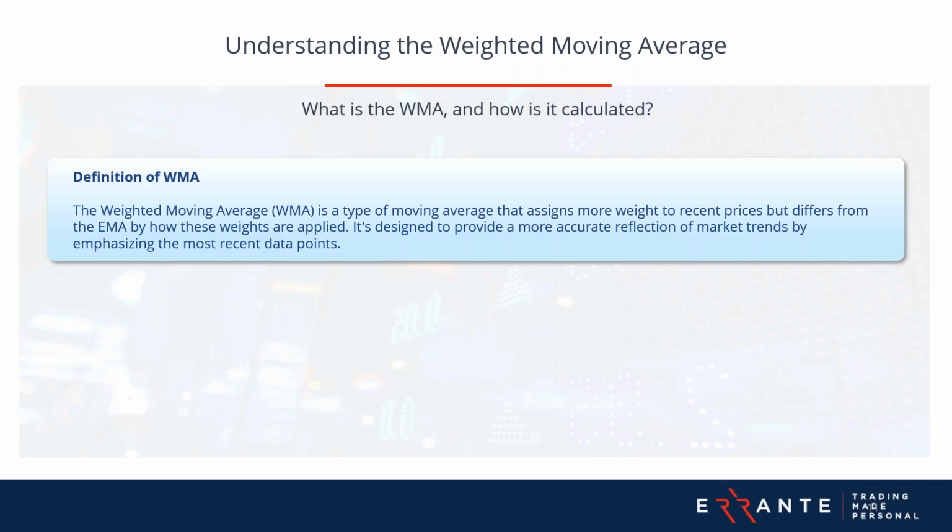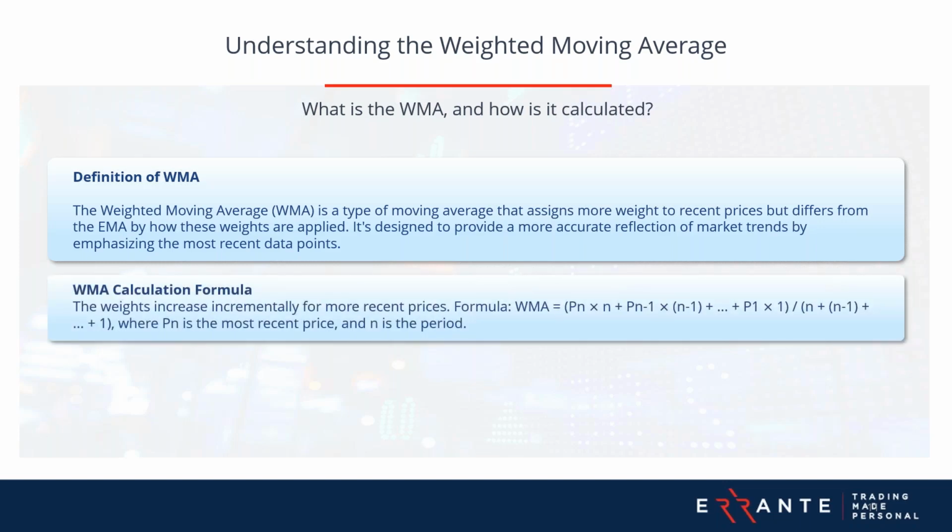Unlike the EMA, which uses an exponential formula to assign weights, the WMA applies a linear weighting to the price data. So this means that each price point in the period is multiplied by a weight that increases for more recent prices.